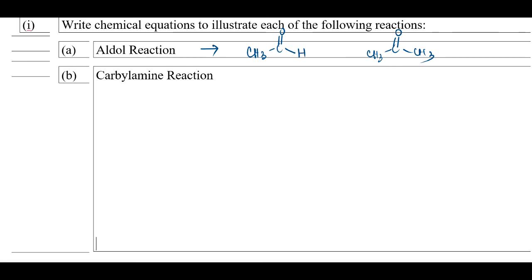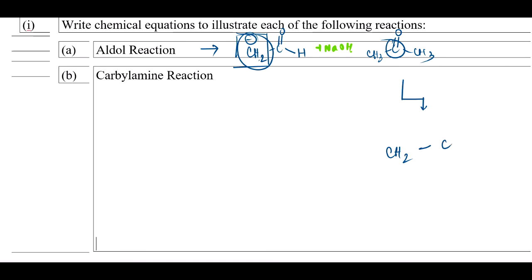If I want to illustrate that with an equation, first sodium hydroxide, the base, is present in the medium. So sodium hydroxide will capture one of the hydrogens and make a negative charge. Once the negative charge has come, as this carbon was acidic in nature, this carbon and the carbonyl group can react and make a bond.